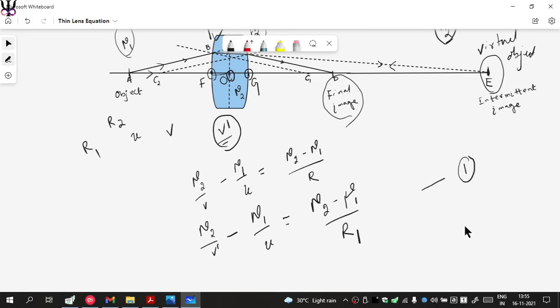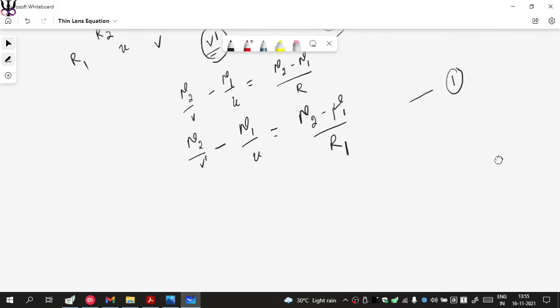For the second refraction, what we know is that the first medium is mu2, and the image is being formed in mu1. So what was mu2 in the first case becomes mu1, and what was mu1 becomes mu2.